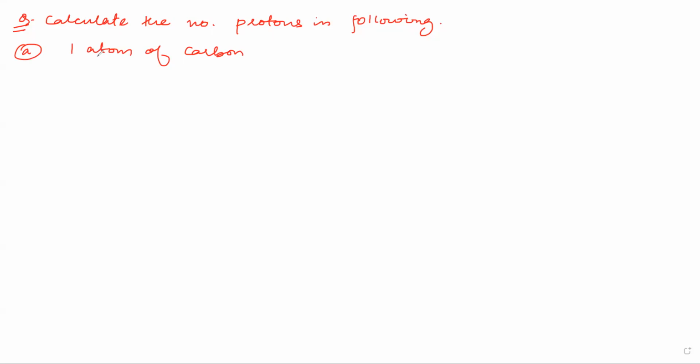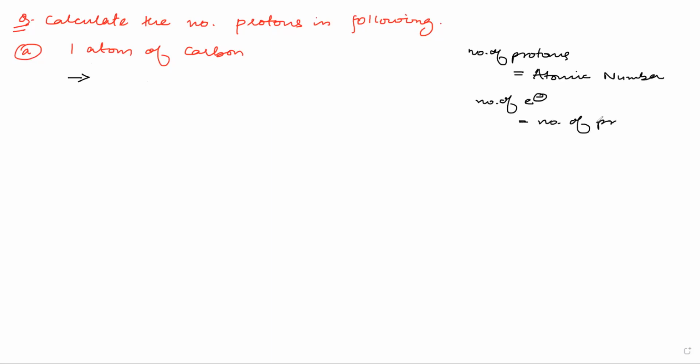The atomic number is the number of protons in carbon. So, what is the atomic number of carbon? Number of protons is equal to the atomic number. And number of electrons, if I ask, will be equal to number of protons. This is only if it is neutral, if we don't have any charge. So one atom of carbon will have 6 protons.